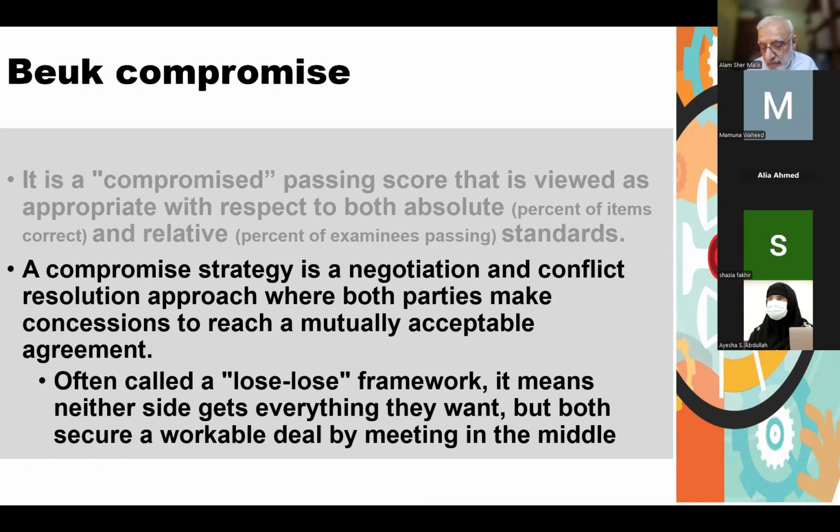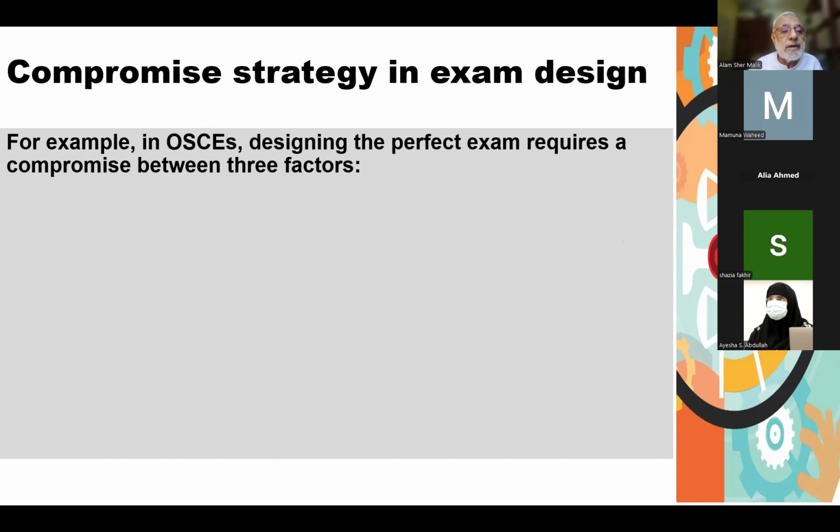There may be one or two, or maybe a few, items where the SMEs are not agreeing with each other. In those cases, there might be some discussion and finally a mutually acceptable agreement is reached. That is what is called the Beuk compromise.